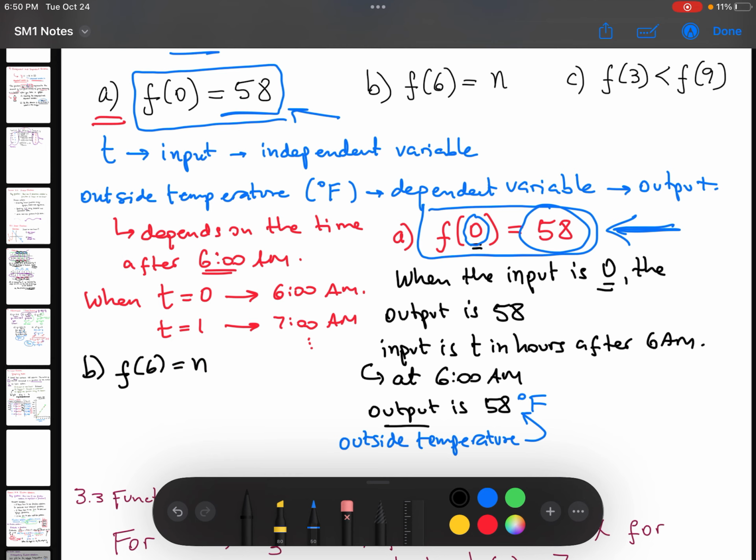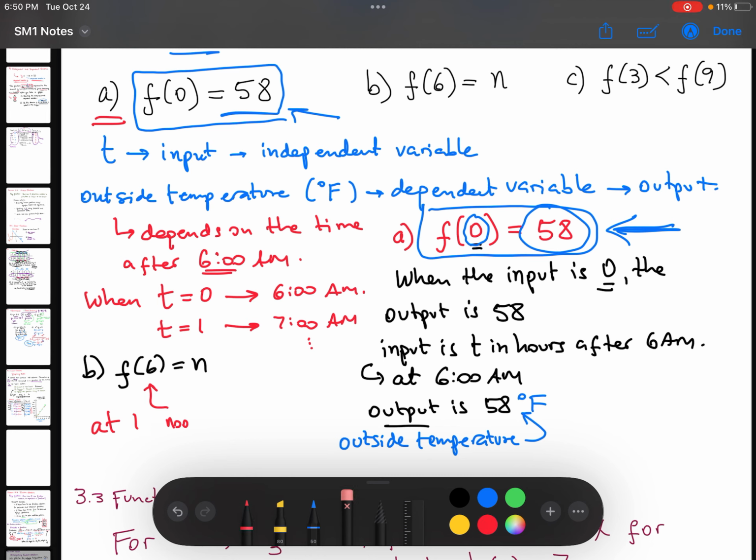In this case, f of 6 equals n, it's actually that. What is this 6? The input is 6. It means 6 hours after 6 a.m. So at 12 p.m. You can say at 12 or at noon actually.